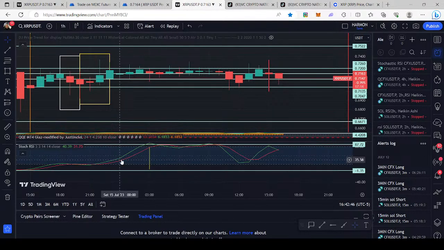There are two lines on the RSI going up, right? When it gets close to the top, what line is above the other line? My orange line, my green line is above my red line, because my green is starting to come down. No. Okay, so listen to what I'm saying.